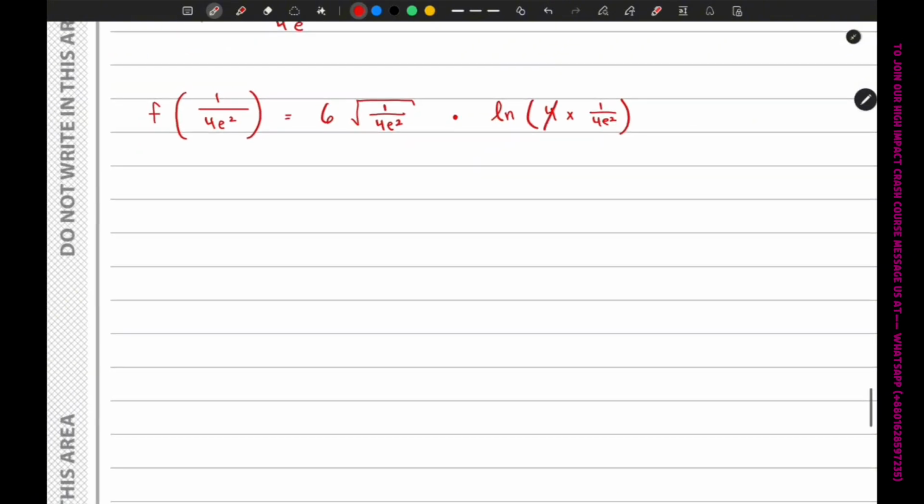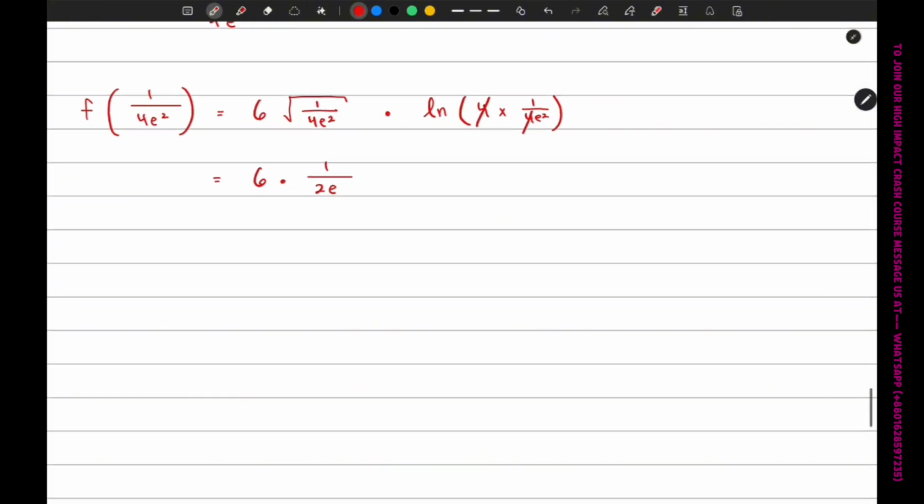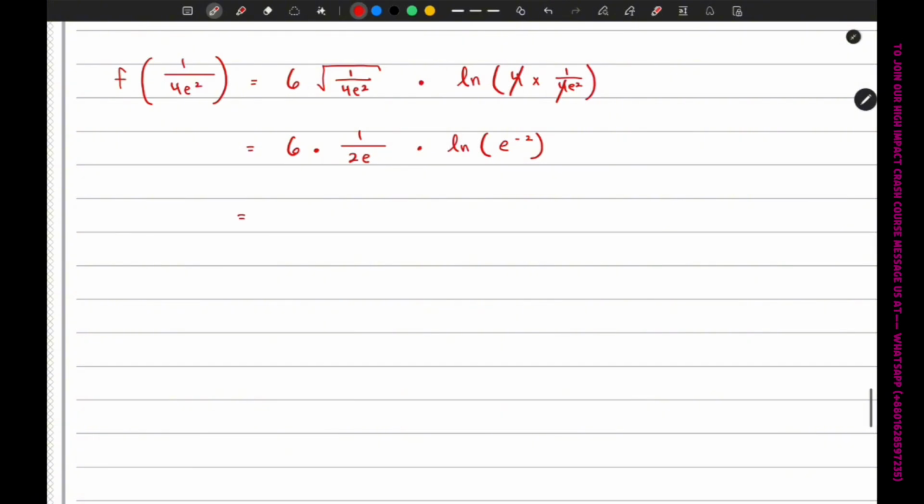So this becomes, you can cancel out this one, and this becomes 6 times 1 over 2e times ln e to the power -2. And I can write this as 3. Oh wait, can cancel out this 3.